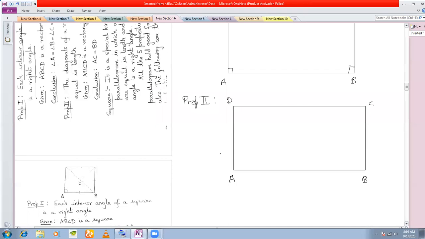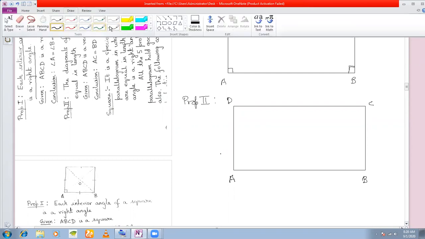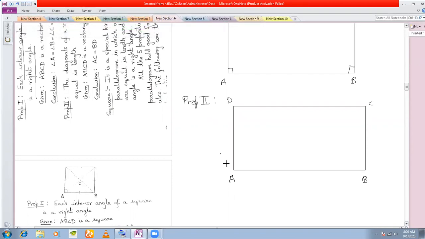So if you have ABCD as your rectangle, let us draw the diagonals. Okay, these are the diagonals.